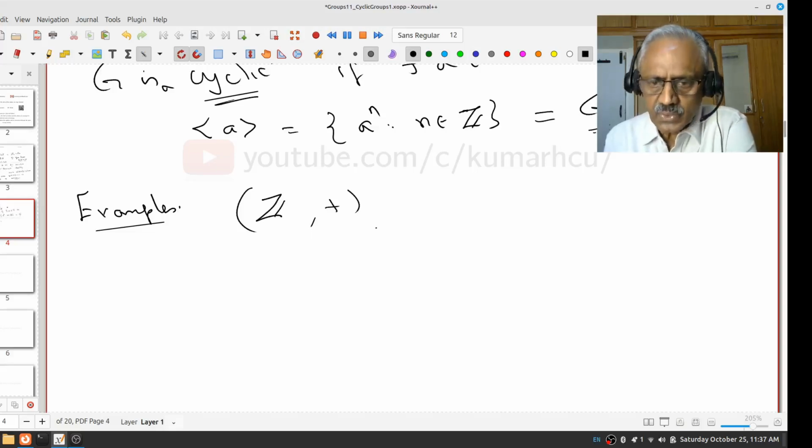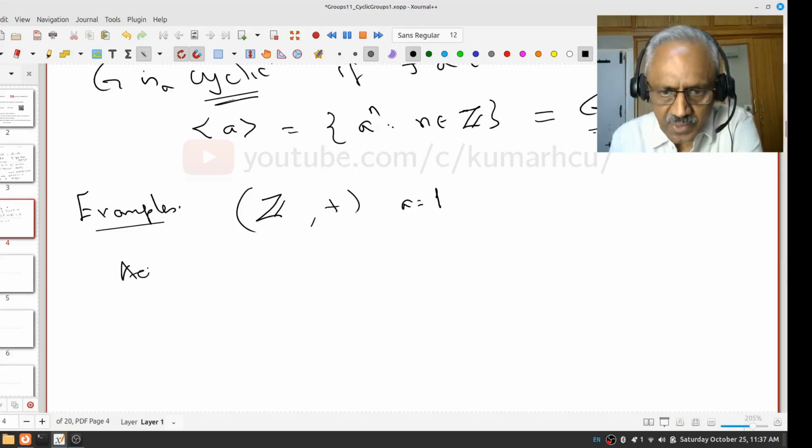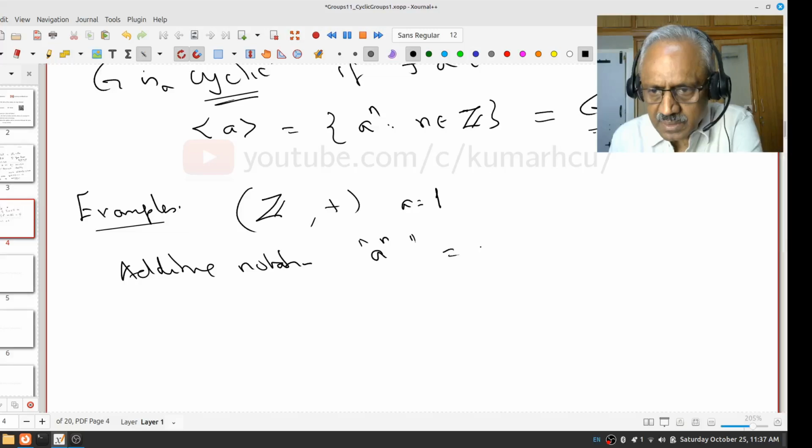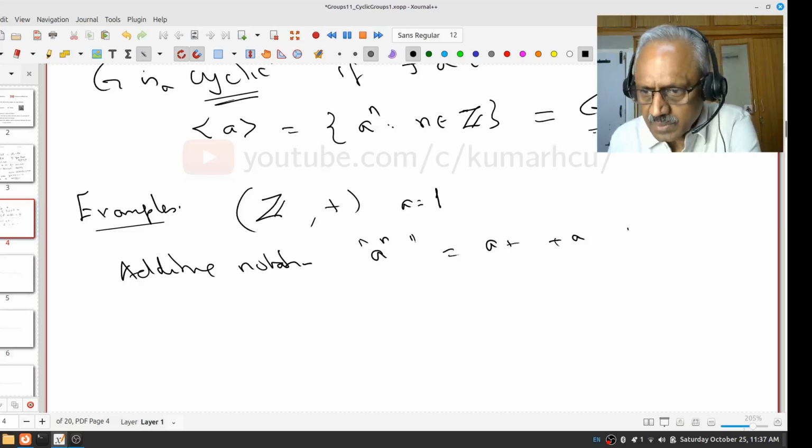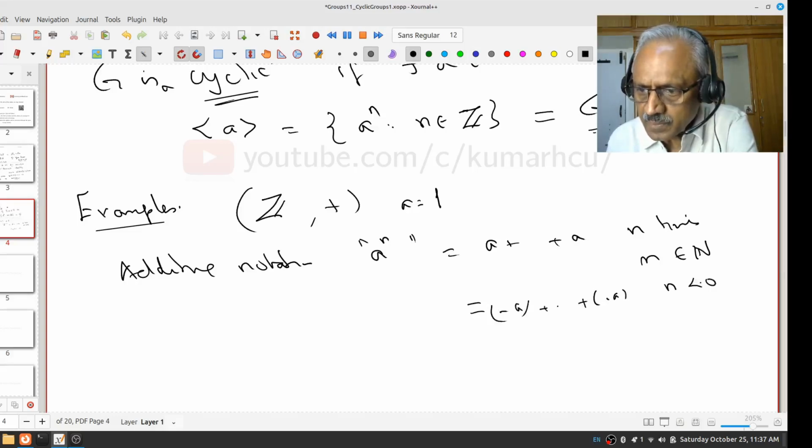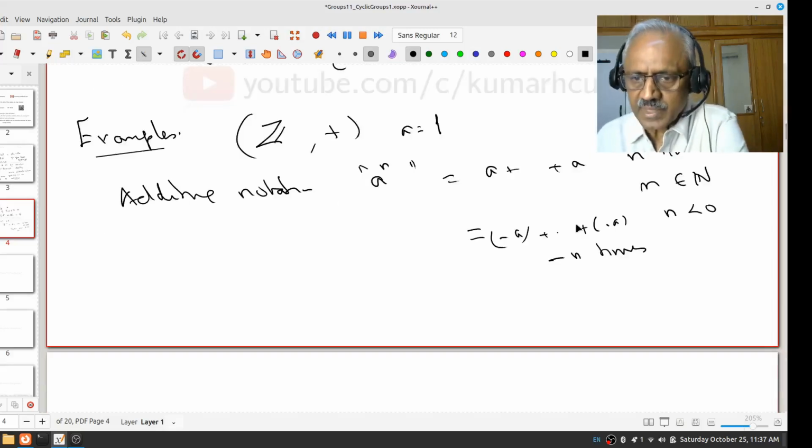For example, if I take a equal to 1, then in the additive notation, a to the power n is nothing other than a plus a, n times, if n is a natural number, and minus a plus minus a, minus n times, if n is negative. We had already seen it.